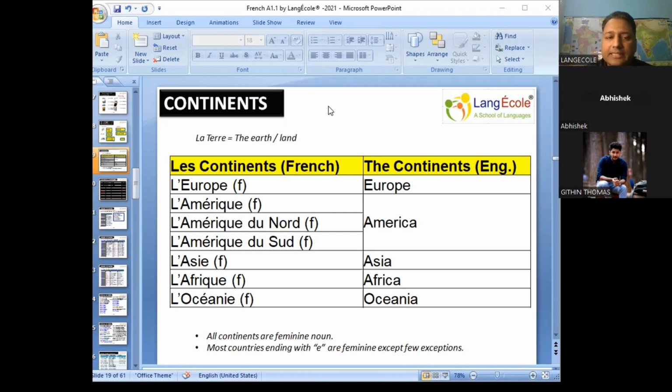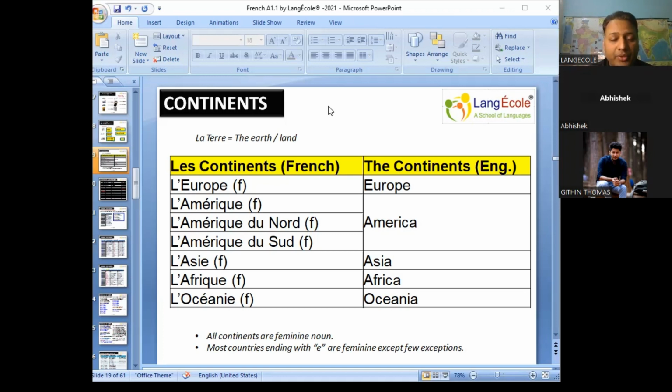First thing, let me start with the nouns about continents, countries, right? So the earth, the mother earth basically is called "La Terre." Terre is land also, okay? Land or earth. So "La Terre," it's a feminine word.